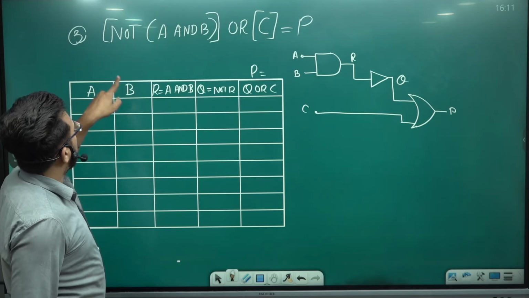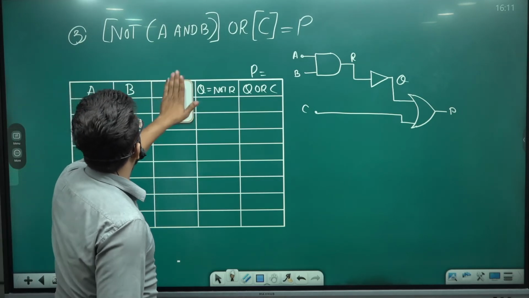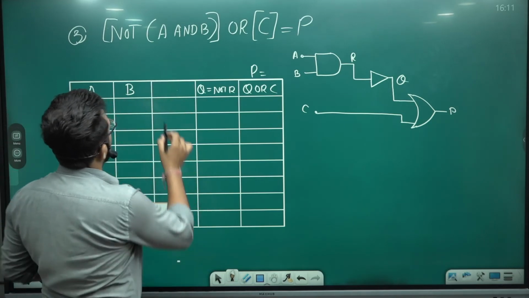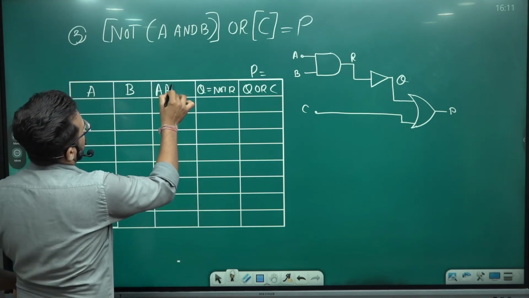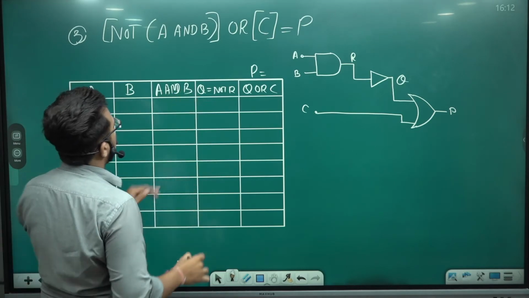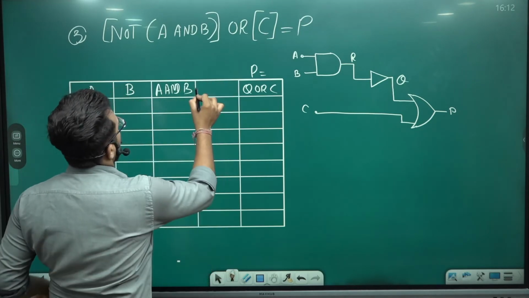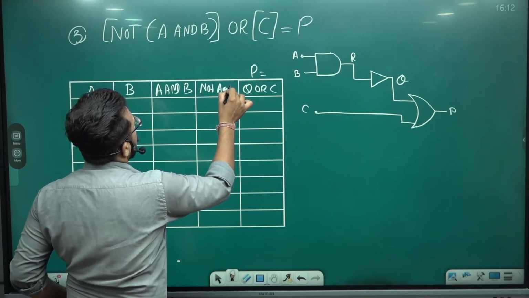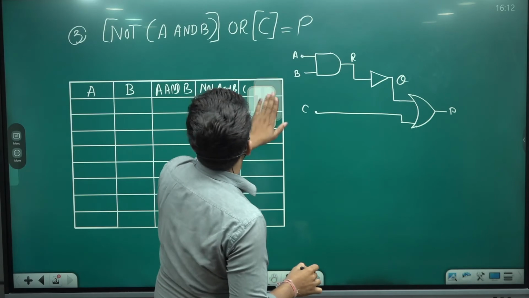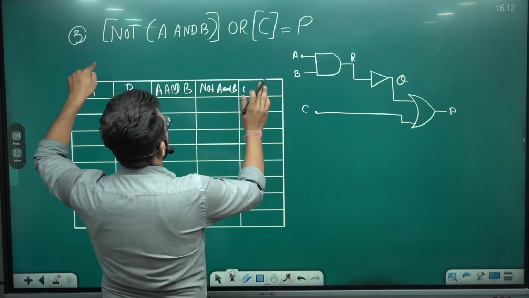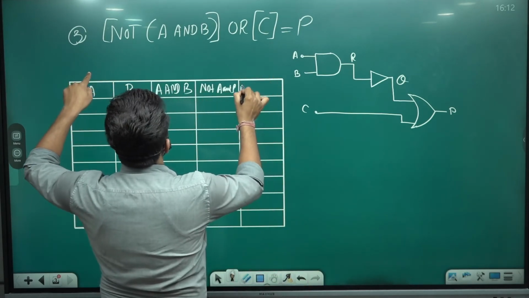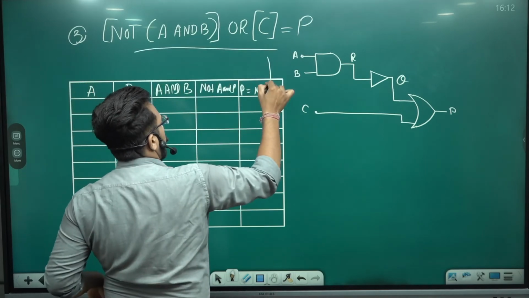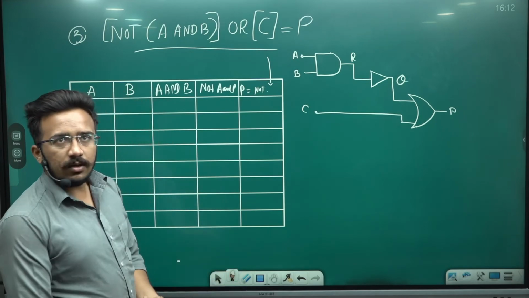Okay, you can also write here not AB, or here A and B. Sorry, A and B. Okay, here you can also write not A and B. And also here you can write the whole statement as P is equal to not A and B and the whole statement.